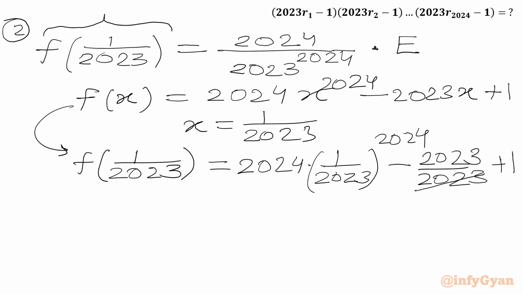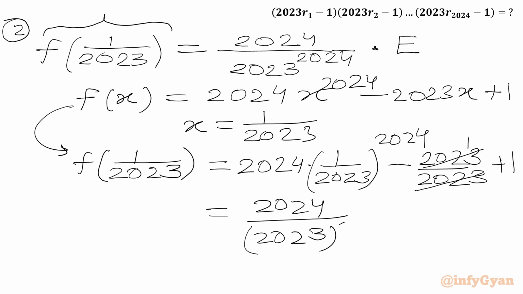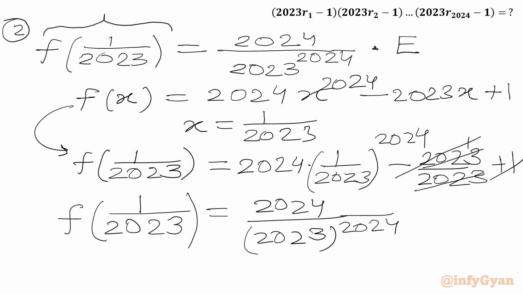Now 2023 over 2023 is 1. So we can write 2024 over 2023 with power 2024. Plus 1 and minus 1 will be cancelled out. This is nothing but f of 1 over 2023. Let's say this is our equation number 3.